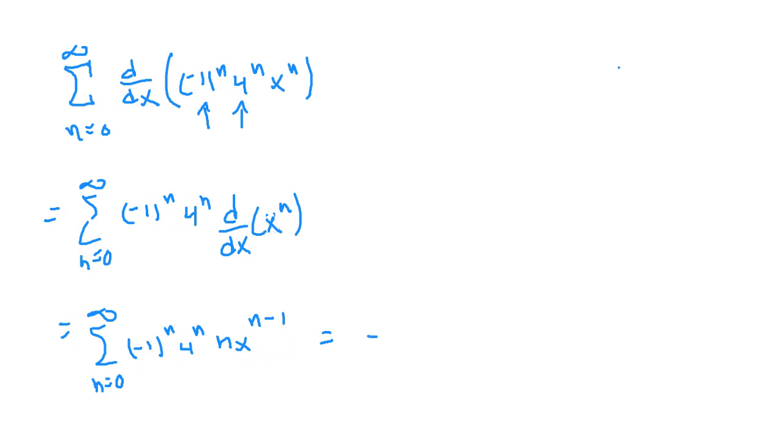What I'm going to do is write out the first term of the series, plus then the rest of the series, which starts at n equals 1. I can write my power series this way.